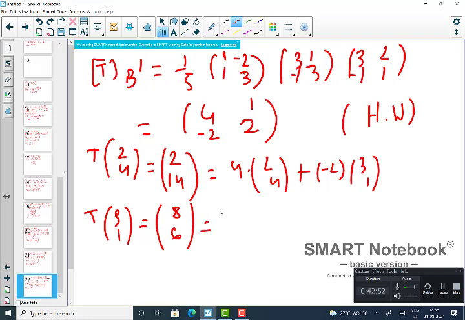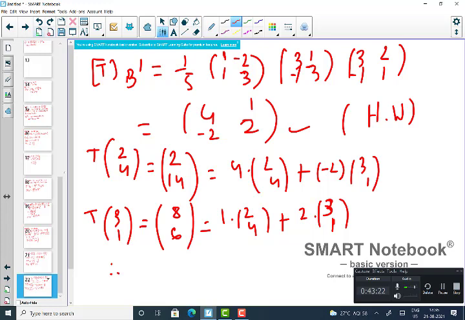And this will be again nothing but 1 times (2, 4) plus 2 times (3, 1). And you see that 3 into 2 is 6 plus 2 equal to 8. 4 into 2 is 4 plus 2 into 1 is 2, so 6. This is actually matching. So the matrix representation is actually the same. Okay, so they are matching each other.